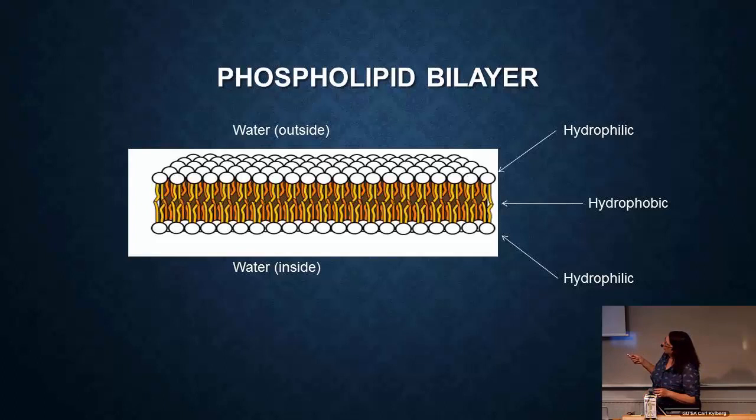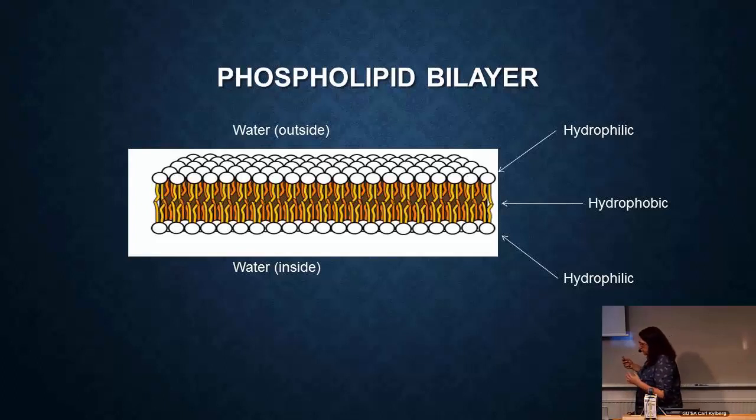The way the bilayer works is there's two of these phospholipids, two layers on each side. So that on the outside, facing the outside, is the water-loving phosphate part. And on the inside part is, again, the water-loving phosphate part of the molecule. And in the center is this hydrophobic area.